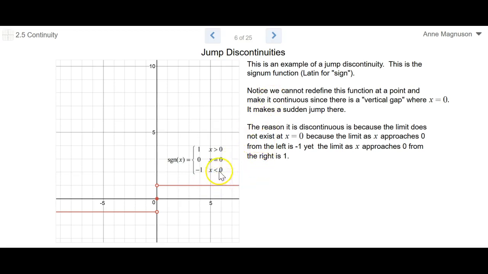Notice that the reason this function is not continuous, not just looking at it graphically but thinking about it algebraically, is that the limit does not exist at x equals 0. The limit from the left equals minus 1, but the limit from the right equals 1. So that limit doesn't exist, therefore it can't be continuous.